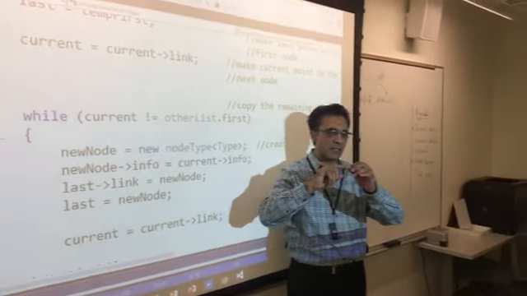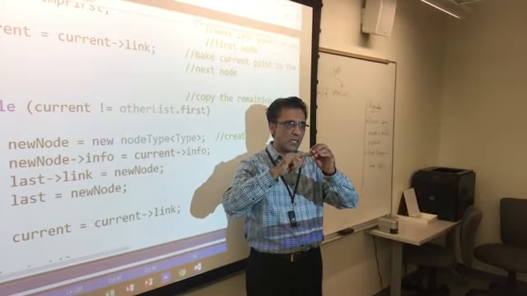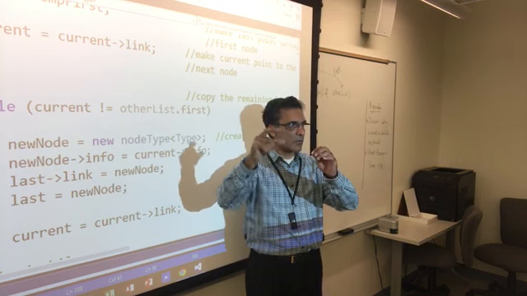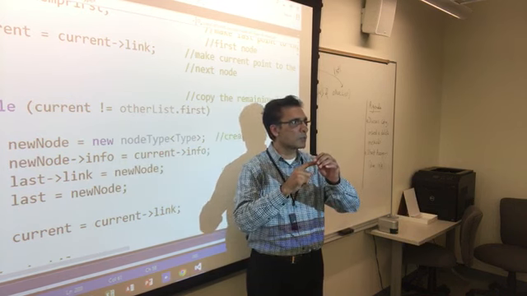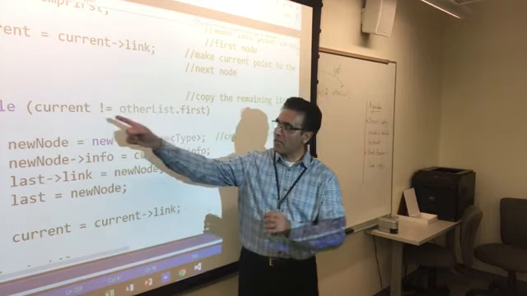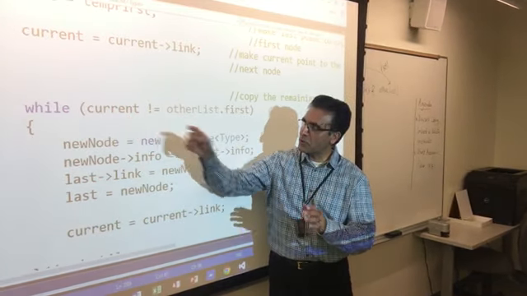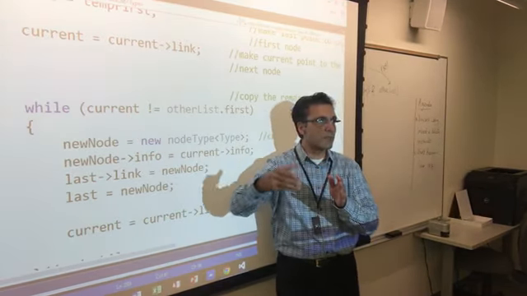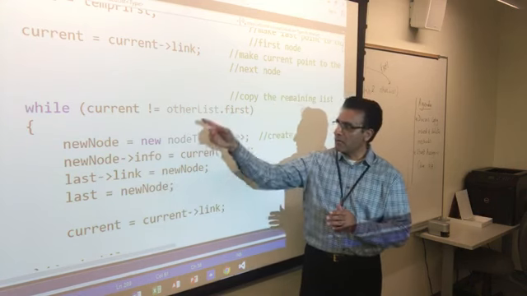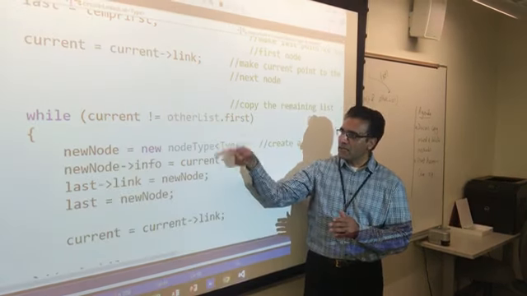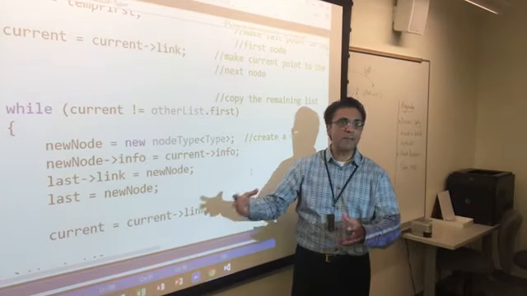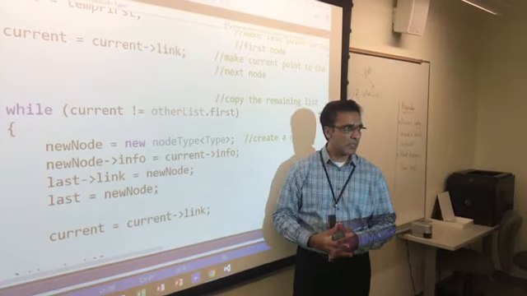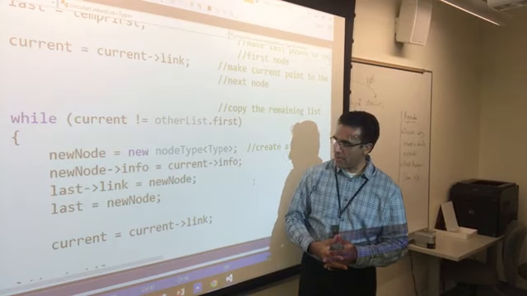The other list is a circular list. So after the first node, second node, third node, fourth node, at one stage it's going to come back to the first node. So I'm checking if my current variable, which will allow me to traverse this list, is not equal, then stay in this loop, so I can copy each and every node to my local area.